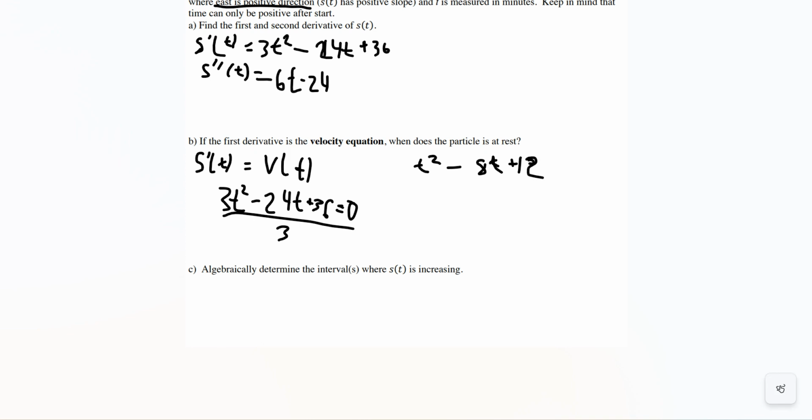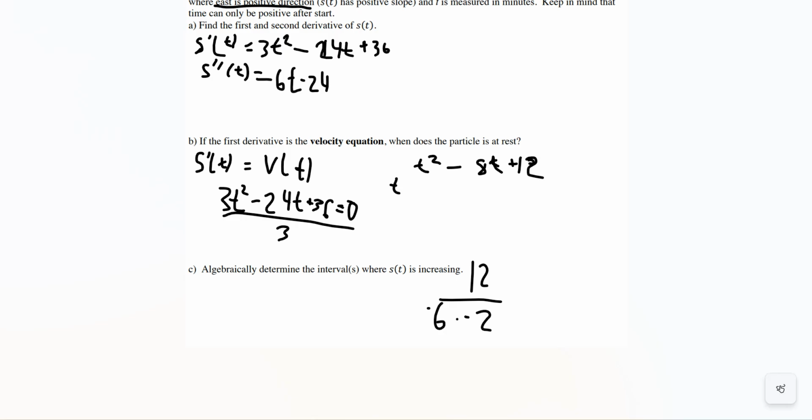Okay. Now we're going to set these apart. So we have 12. Let's just factor it. What goes into 12? We have negative 6 times negative 2, which add up to negative 8.